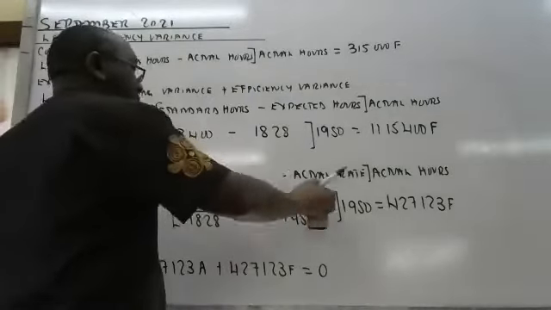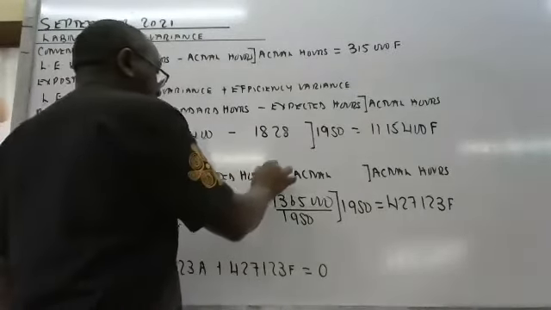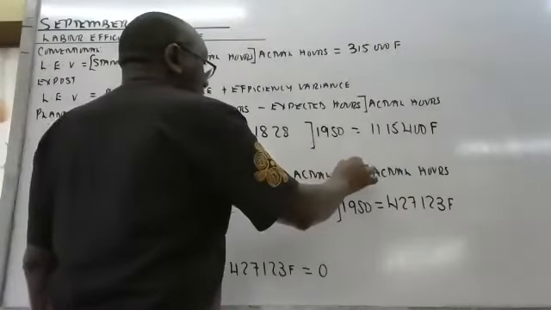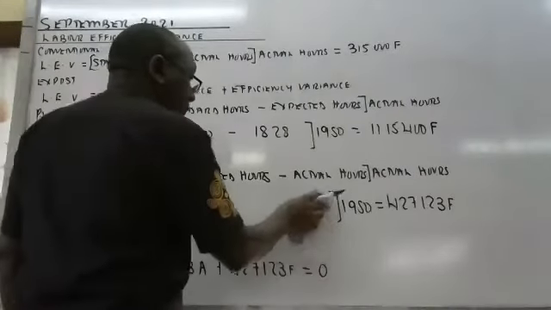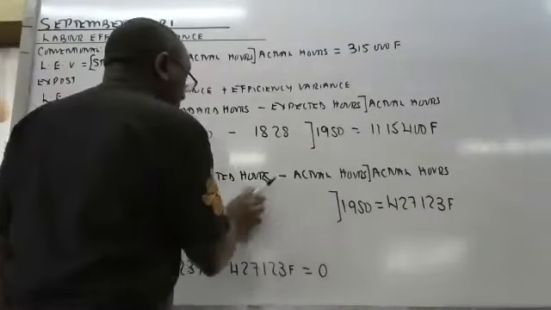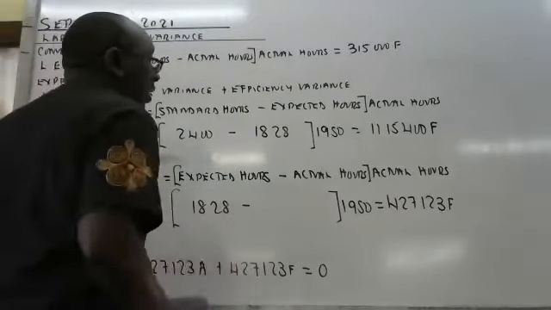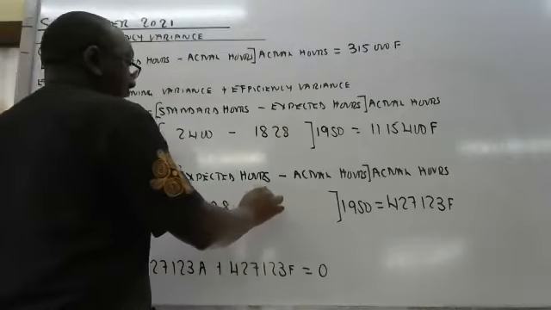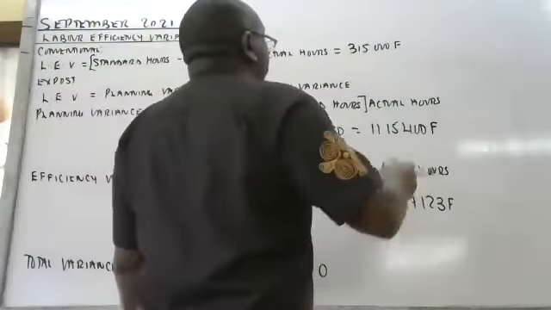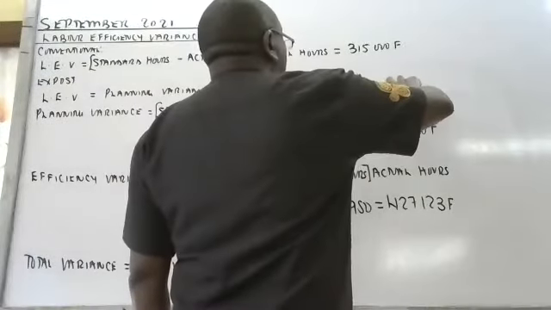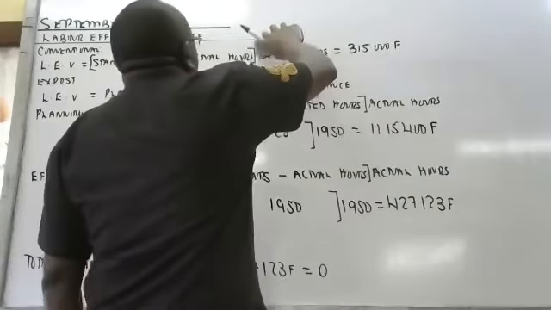Now here you talk of the expected hours and the actual hours. The expected hours are 1828. Actual hours are 1950. Oh, there's something here that we have missed. The formula here is always the standard rate.